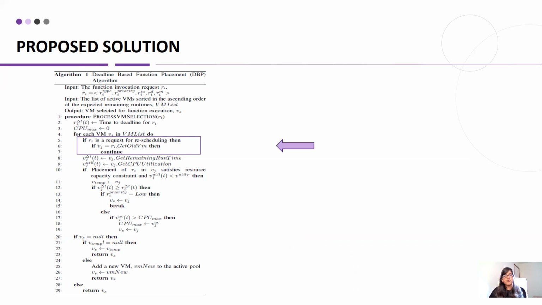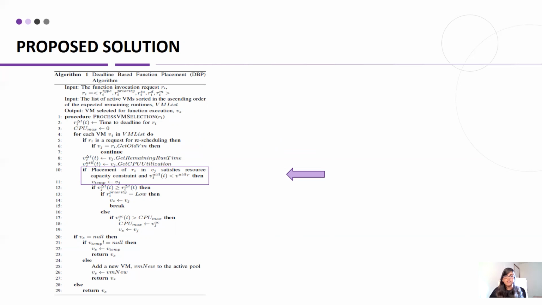If the request is for rescheduling, we avoid directing the request to its previous VM itself. Also, apart from the availability of sufficient free resources, a VM is considered for function placement only if its CPU utilization is below a defined utilization threshold. We do this because we do not want to overload certain worker nodes.